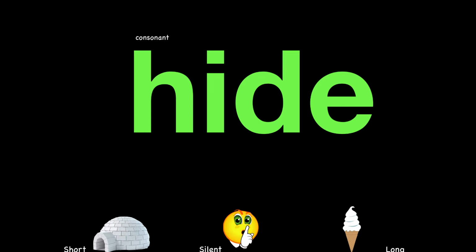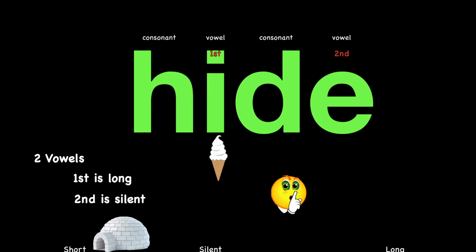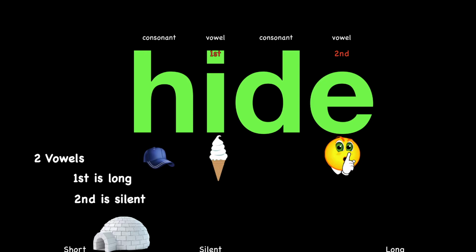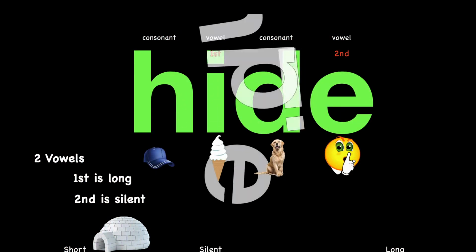H-I-D-E. We're seeing two vowels, so our two vowel rule is that the first is our long vowel I, our second is going to be silent. When we put our sounds together, hide, like to hide in a box. Hide.